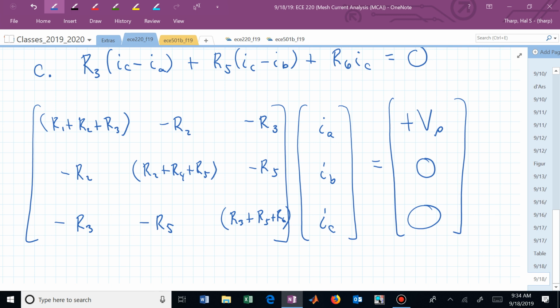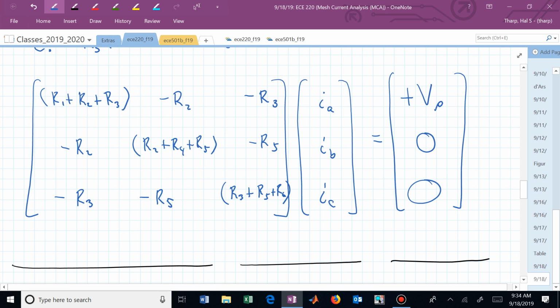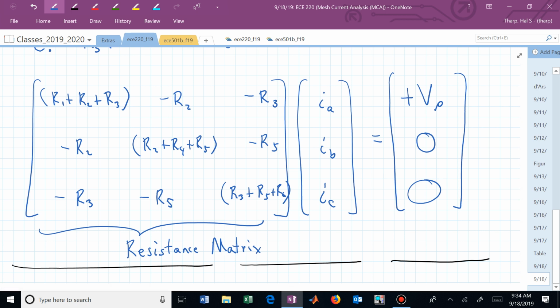And what do you see in that resistor matrix? Do you see any nice structure? And maybe that's a definition of nice. But if you look across the diagonal, do you see that it's symmetric? It's symmetric because we do not have any dependent sources. Here's the current matrix, and here's the voltage matrix.